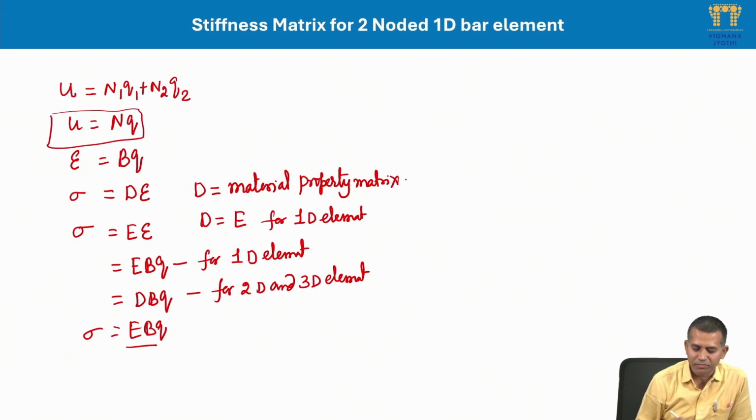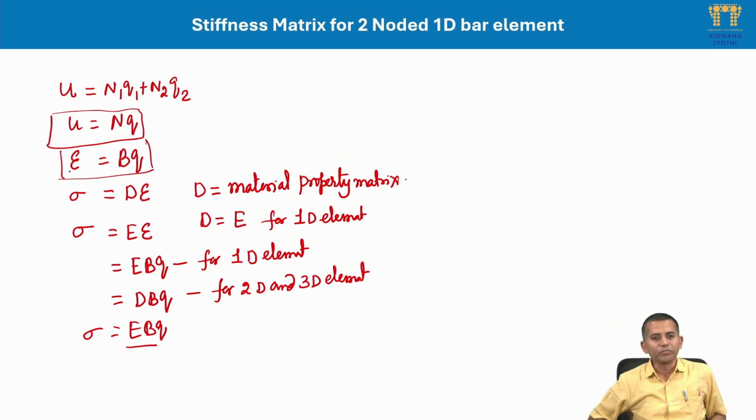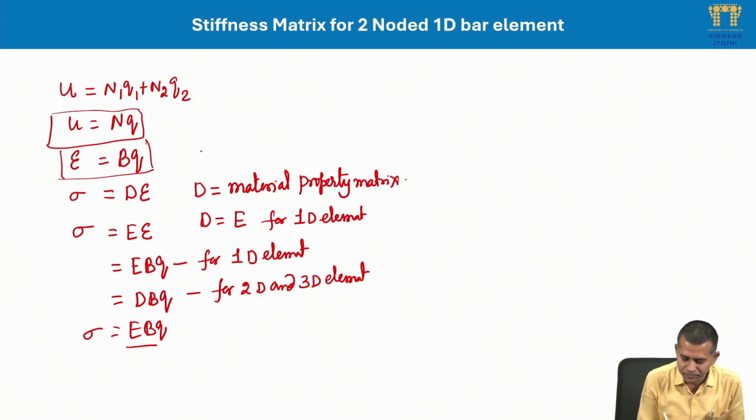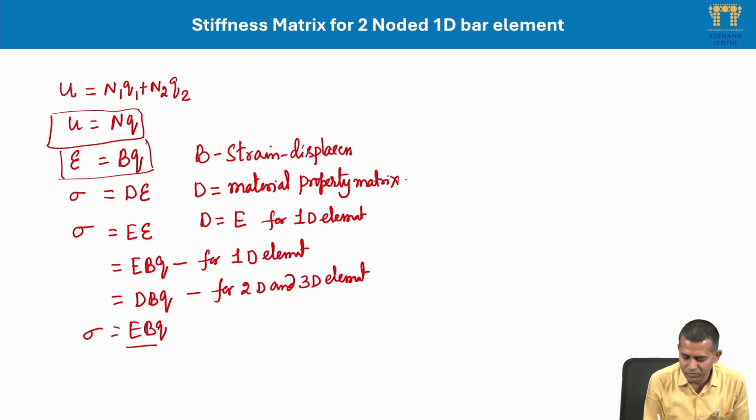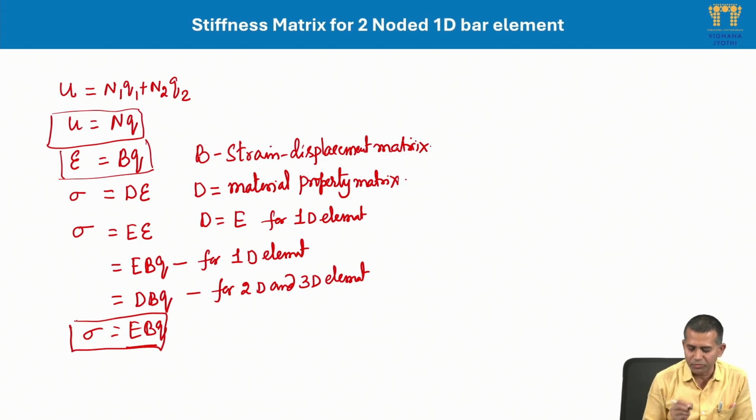One is your displacement, U is equal to NQ, where N is the shape function matrix, and second is your strain, which is nothing but BQ, where B is your strain displacement matrix, which we discussed in the previous class. And stress, which is nothing but your EBQ.